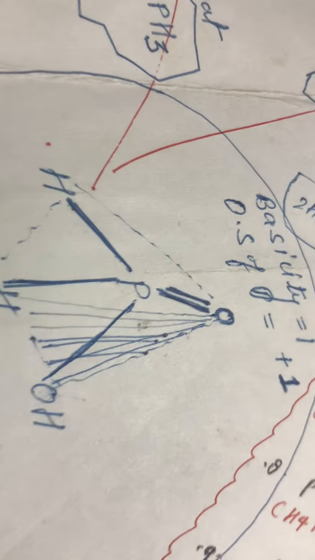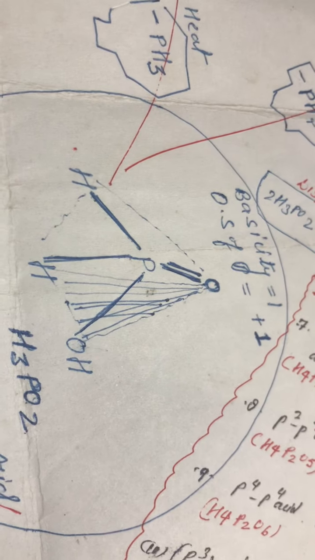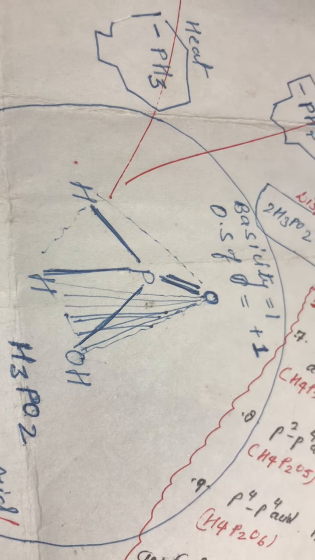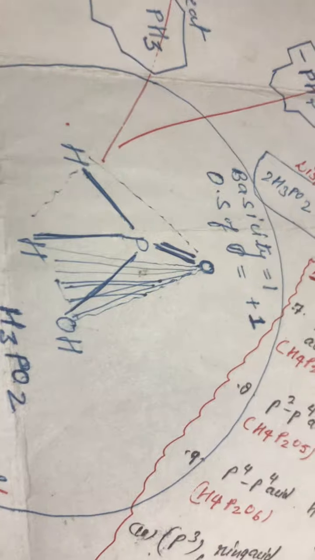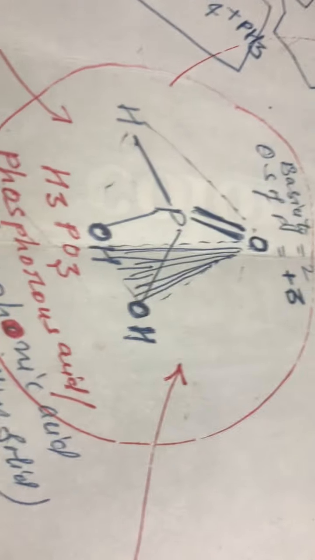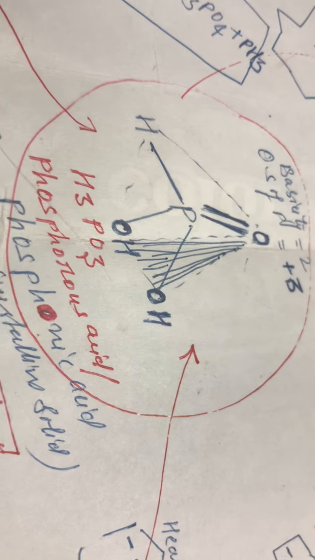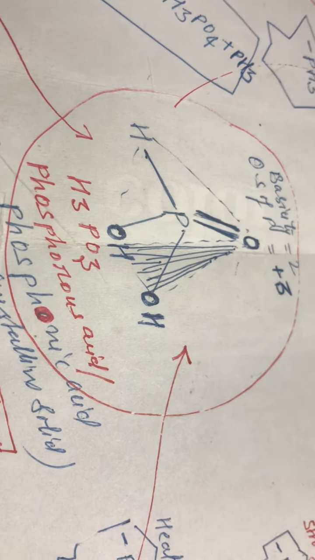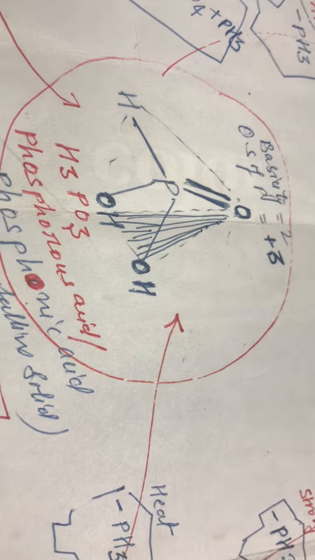Now my dear students, whenever phosphorus is attached with direct hydrogens, that is an indication of its reducing nature. That means it can undergo oxidation. This as well as this are both strong reducing agents. That means they can disproportionate.